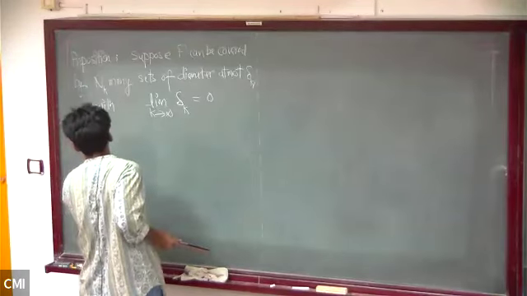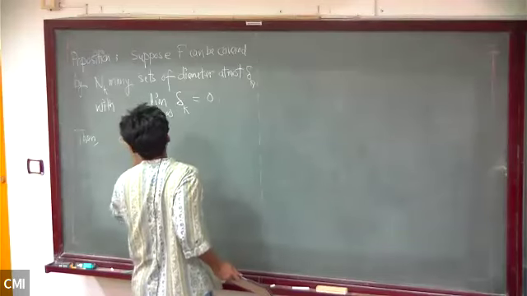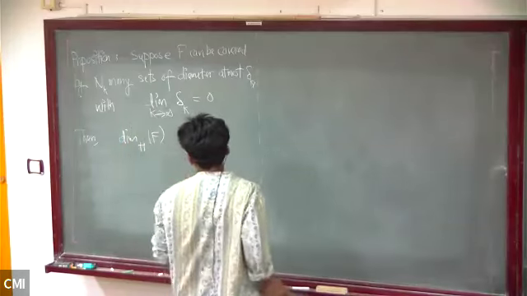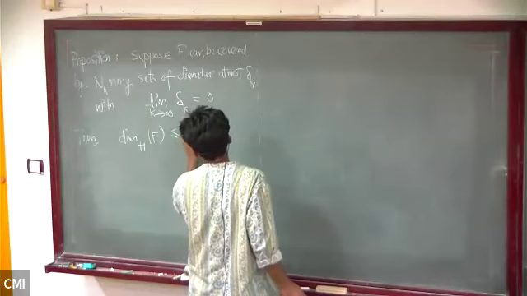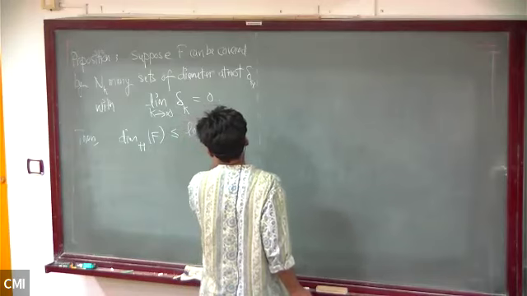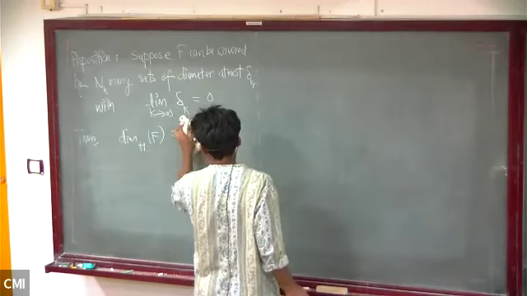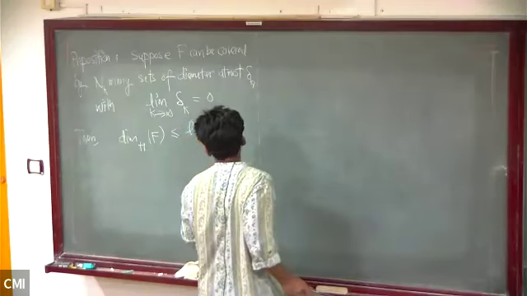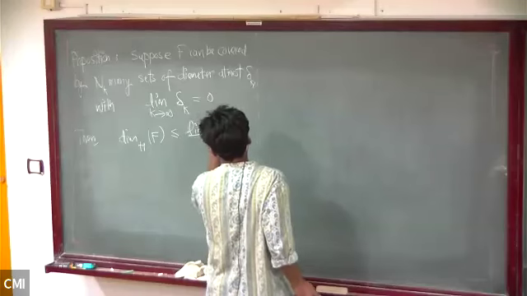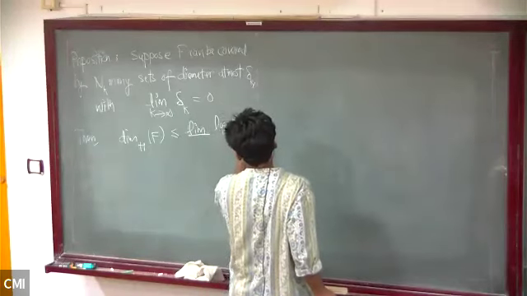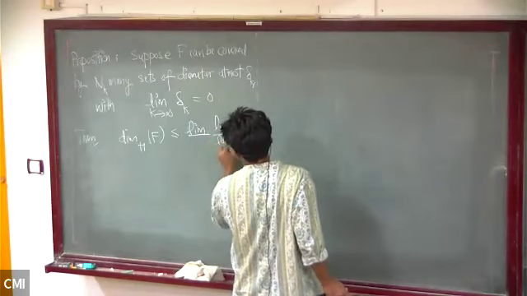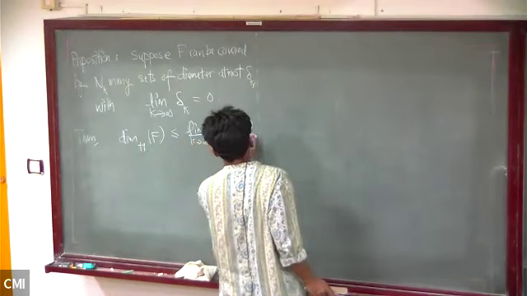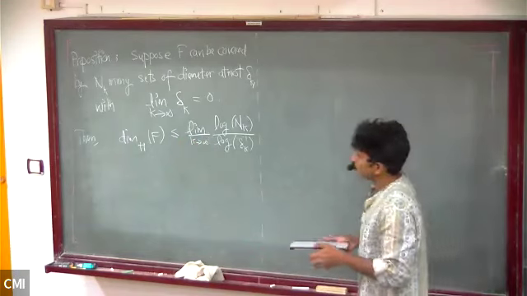Then the Hausdorff dimension of F is bounded above by the limit of log n_k divided by log delta_k inverse.